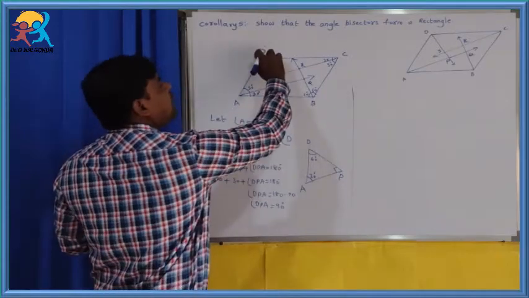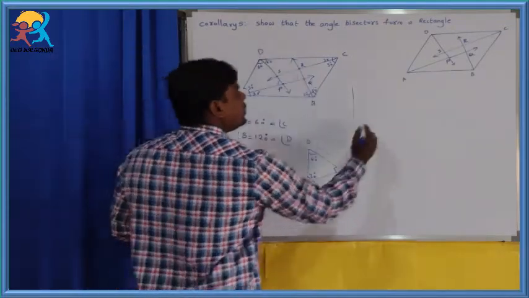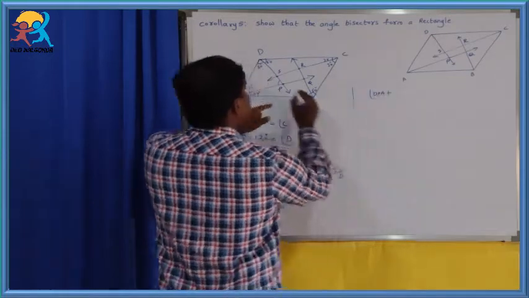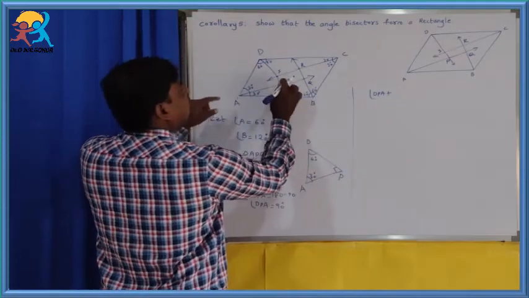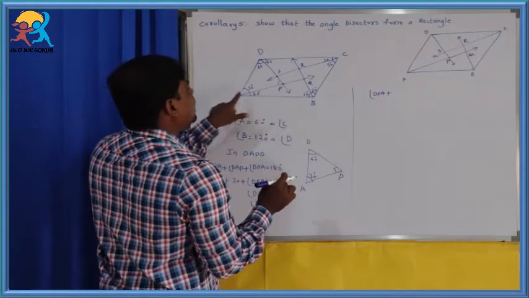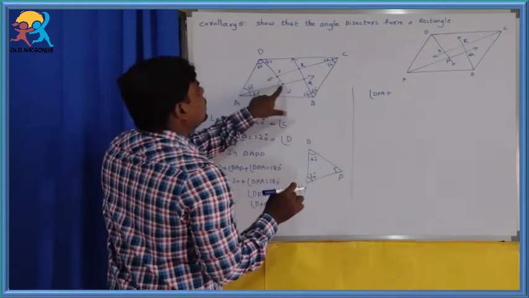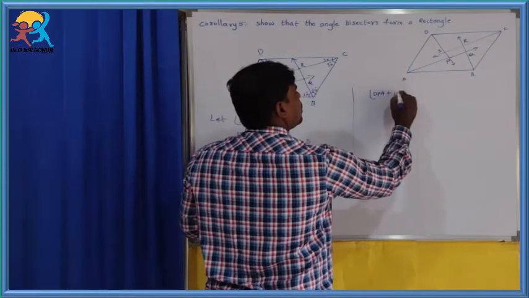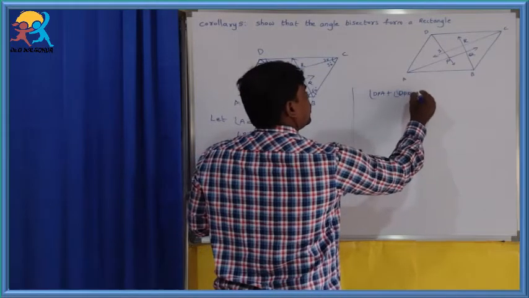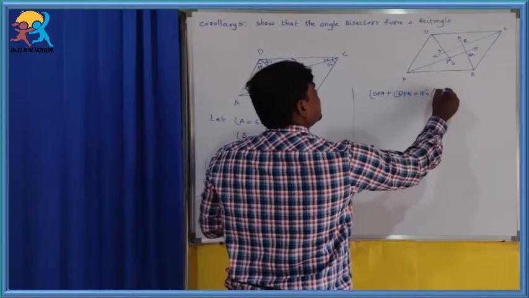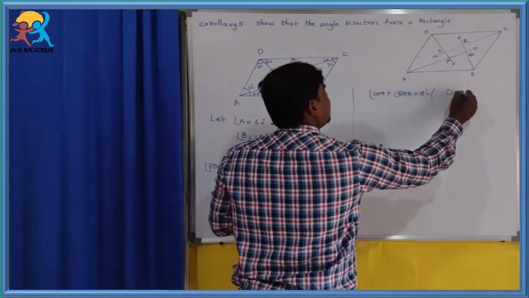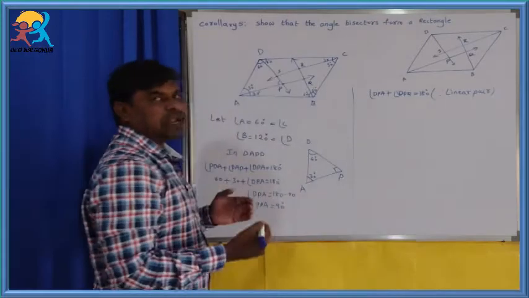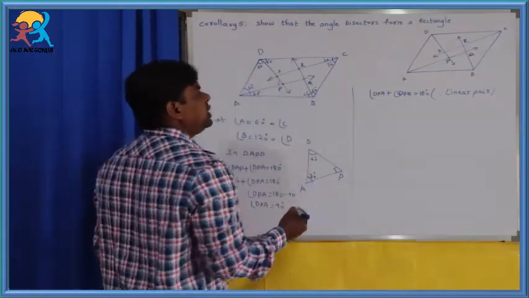Then angle DPQ is also 90. Why? Because these two angles are linear pair. Angle DPA plus angle DPQ is equal to 180 degrees, since the two angles are linear pair, because the two angles are on the same straight line, that is why their sum is 180 degrees.